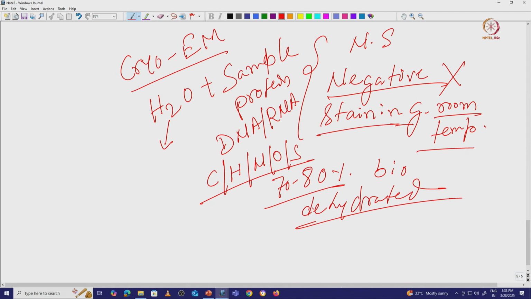Now when there is amorphous ice, if there is a very strong electron dose, that ice will start melting. If the ice starts melting, the sample will disperse, the sample will not be fixed. In cryo condition we are using liquid nitrogen and liquid ethane, and we quickly plunge freeze the sample in liquid ethane.